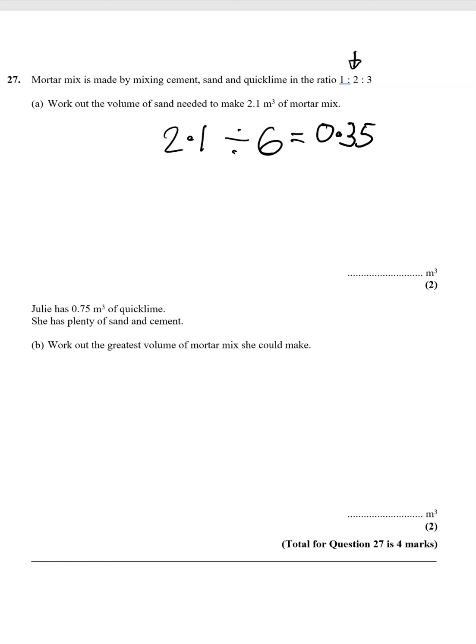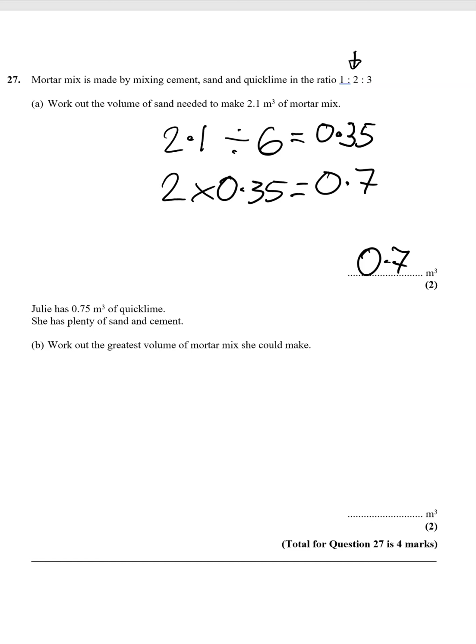But because we want 2 bits of it rather than just 1, we need to do 2 times 0.35, which gives us 0.7. So it's actually 0.7 meters cubed.